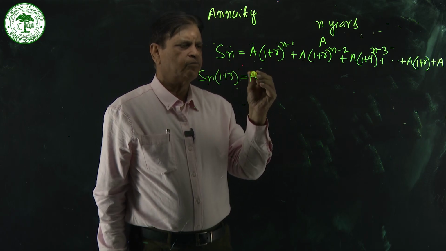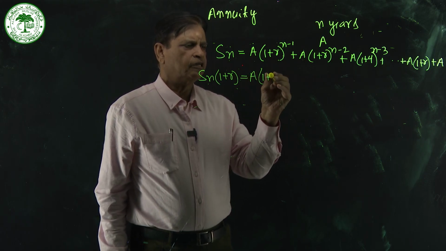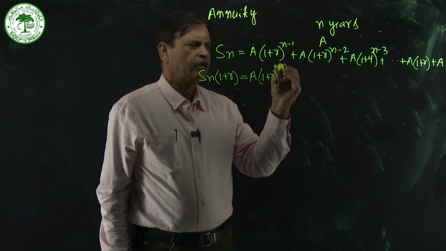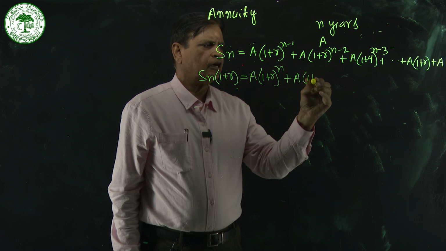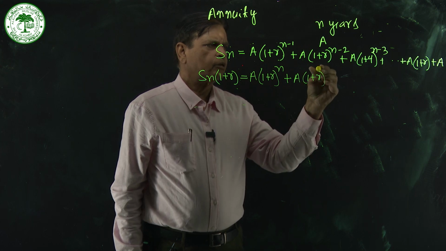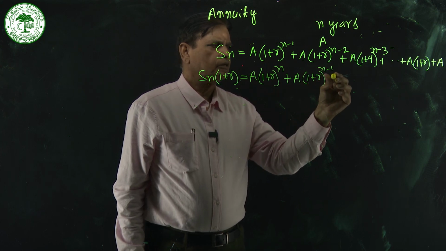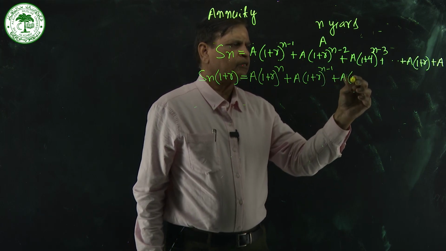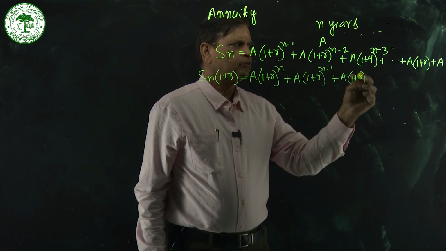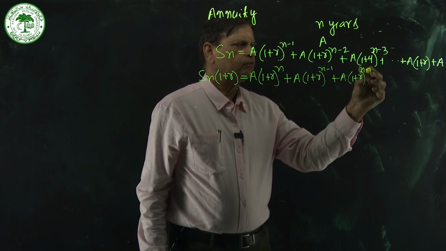The first term is multiplied by 1 plus R, so this will become A(1 + R)^n, and this will become A(1 + R)^(n-1). And this one becomes A(1 + R)^(n-2).